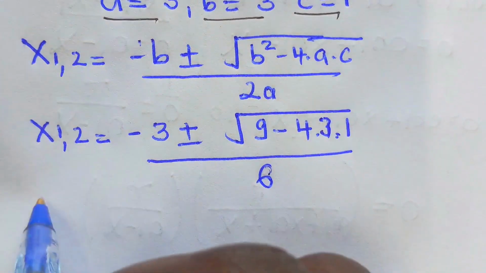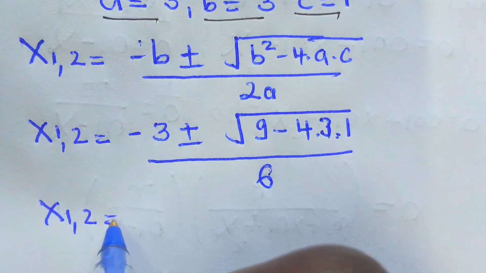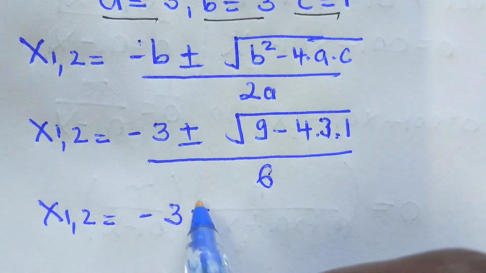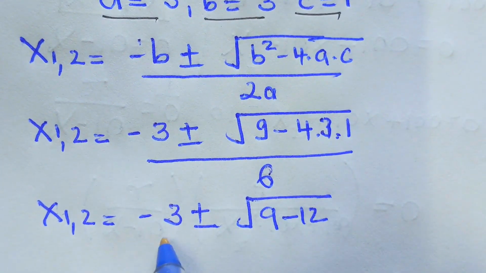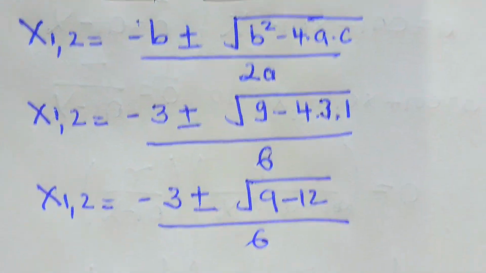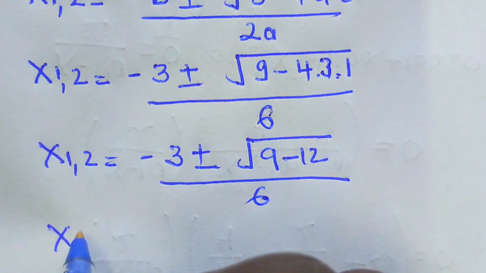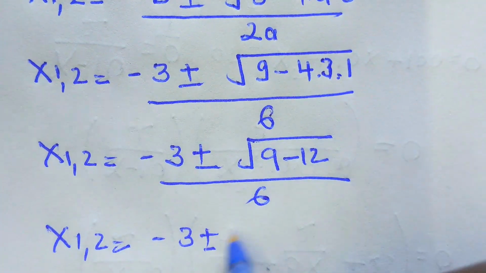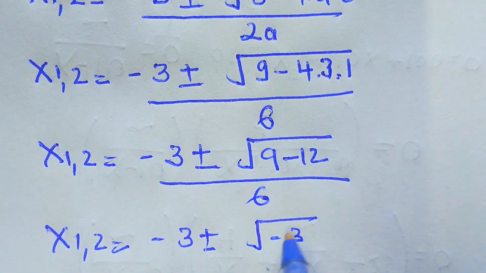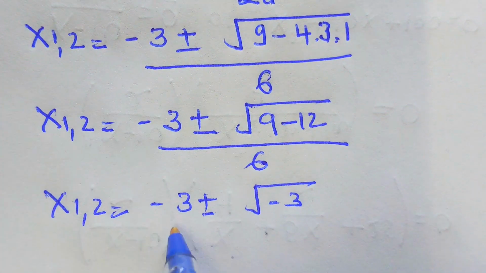So this is x1 and x2 equals negative 3 plus or minus the square root of 9 minus 12, over 6, which is negative 3 plus or minus the square root of negative 3, over 6.